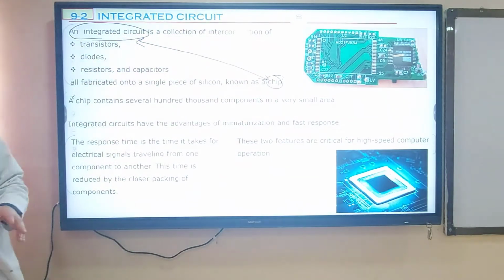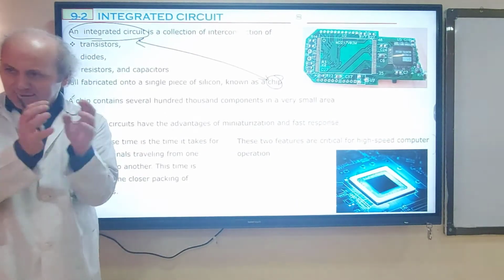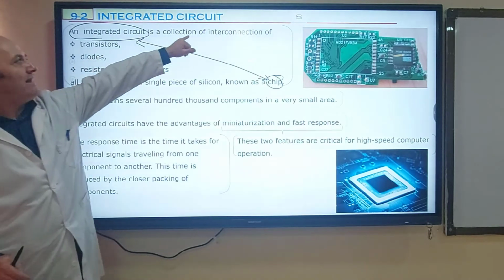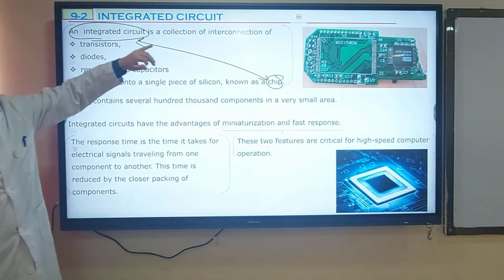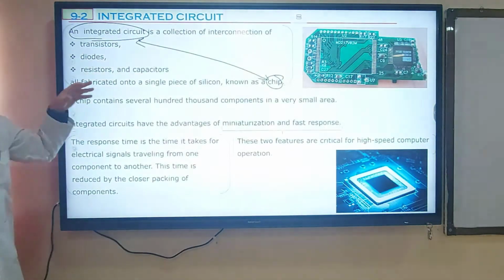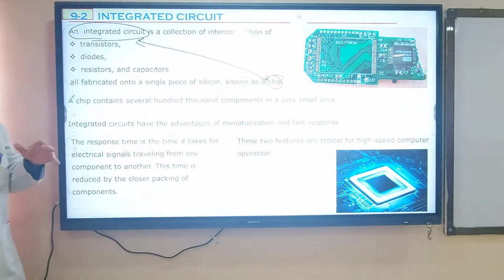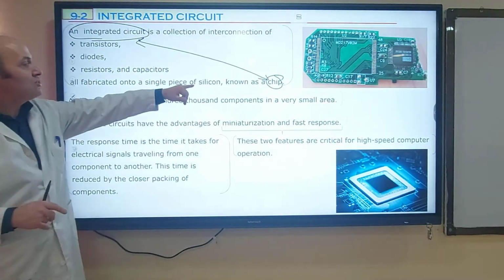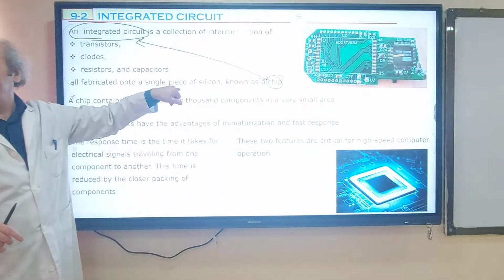Integration means collecting things. An integrated circuit is a collection of interconnected transistors, diodes, resistors, and capacitors, all fabricated and located on the surface of a piece of silicon.